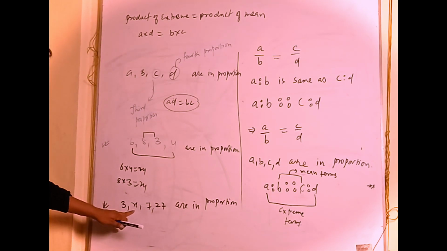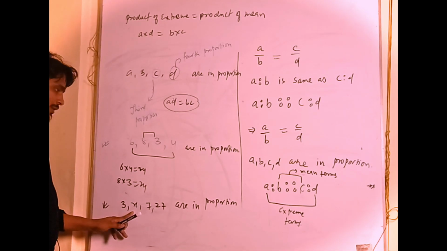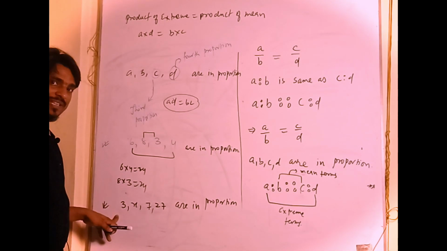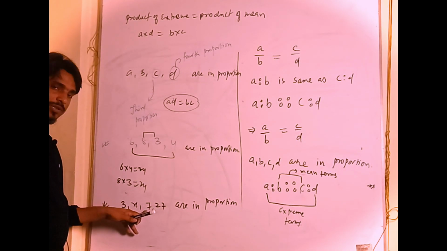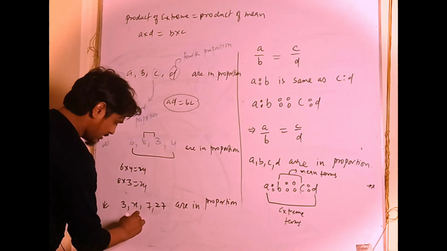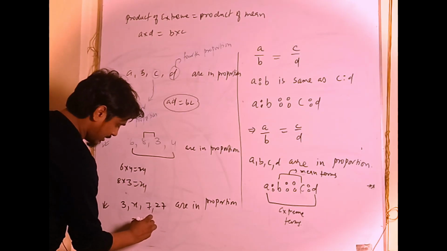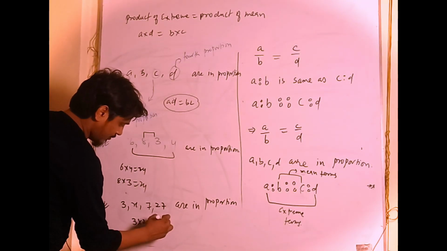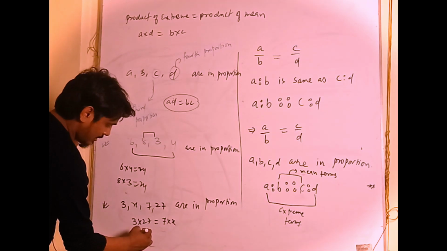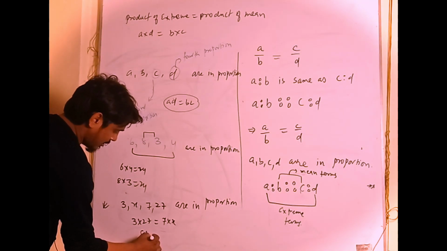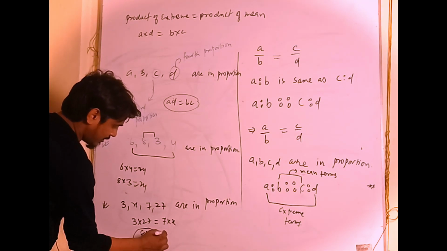As these are in proportion, the product of extremes must be equal to the product of means. So 3 into 27 is equal to 7 into x. So 81 by 7 is the value of x.